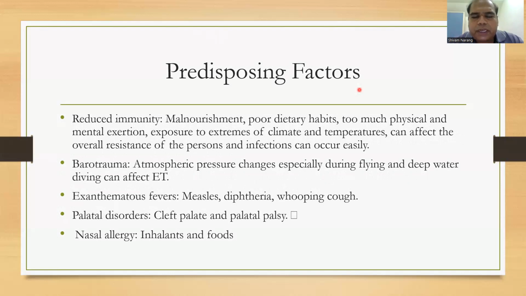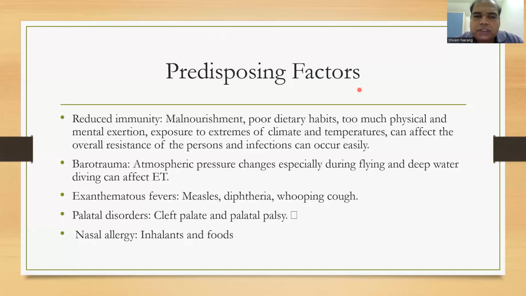Too much physical and mental exertion, lack of rest and sleep, exposure to extremes of climate and temperature can affect the overall resistance of the person's immunity, and infection can occur easily. Barotrauma: atmospheric pressure changes, especially during flying and deep water diving, can affect the eustachian tube. Also, this change in pressure can lead to ascent of infection through the eustachian tube.